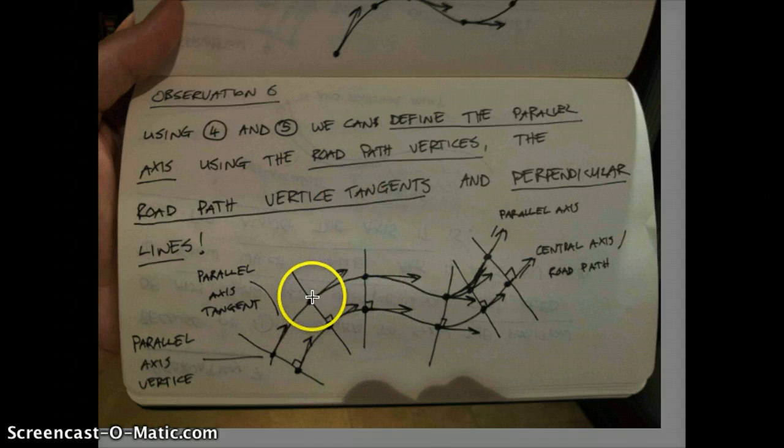We can actually get the tangents at these points here, and we can get the vertices at these points here, which means we can actually get the equation for this line, right? Now we actually can define this line.